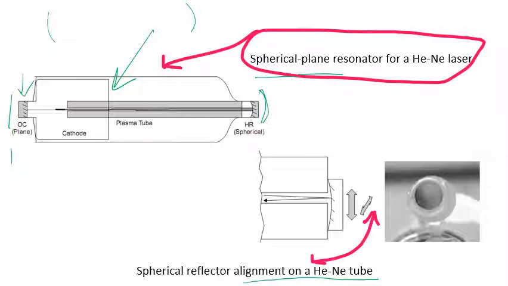But here you don't need to touch this one, you only need to adjust this one a bit to align, and you can get lasing. Okay, the purpose of showing these diagrams is so you can have an idea of how these cavity configurations are used, especially in gas lasers and the plane and concave combination. So this is what is shown here.